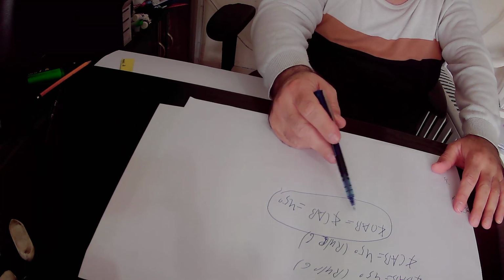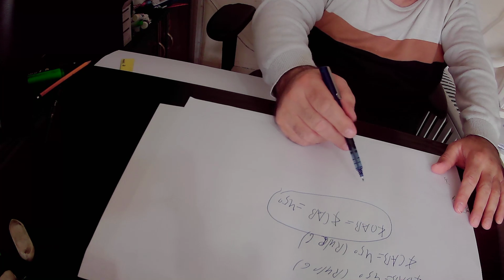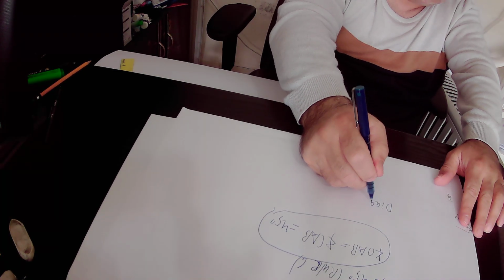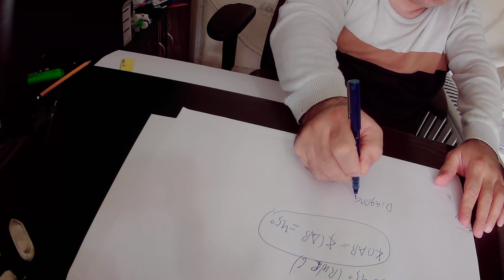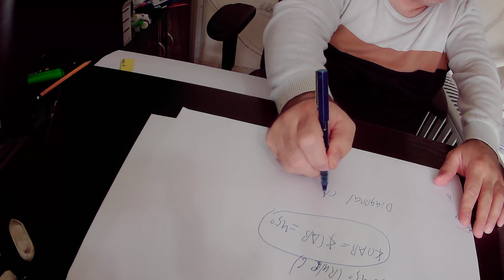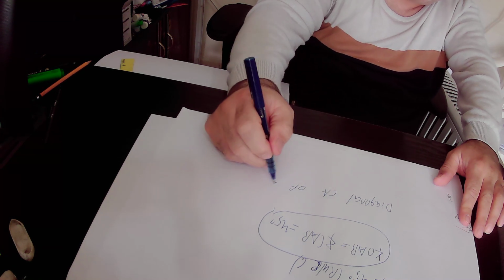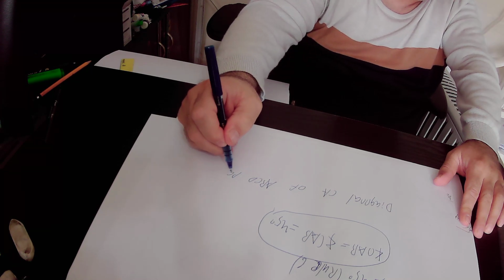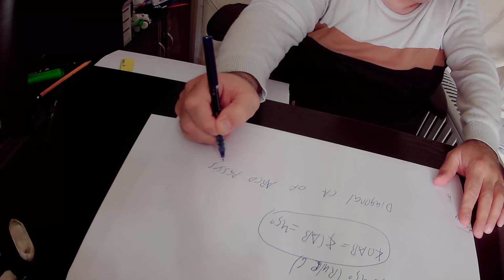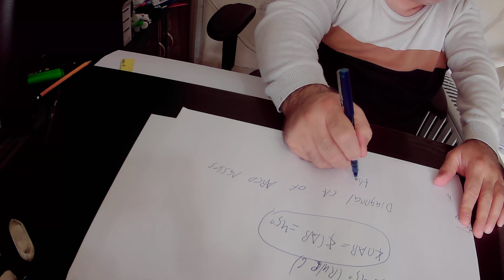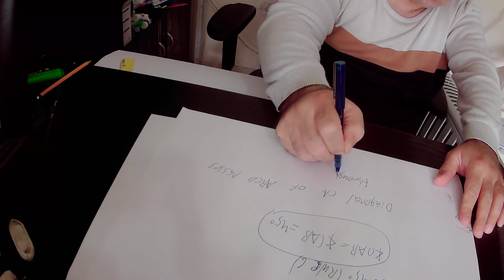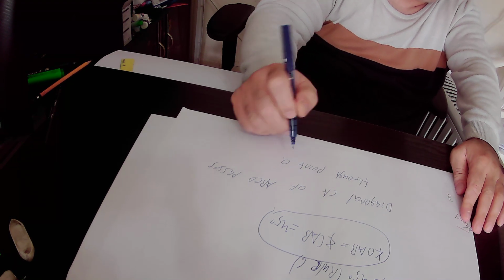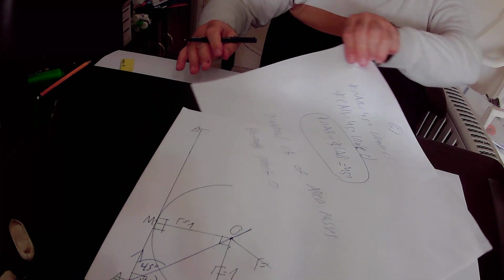From the fact that angle OAB equals angle CAB, we will conclude that diagonal CA of square ABCD passes through point O. I will repeat again.